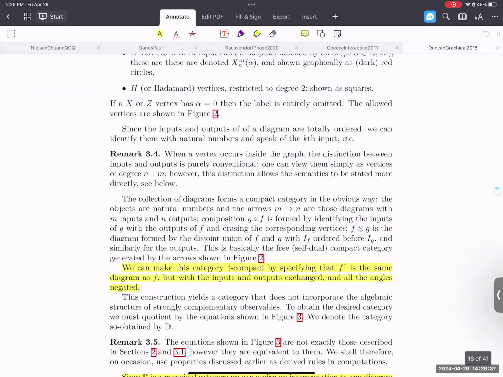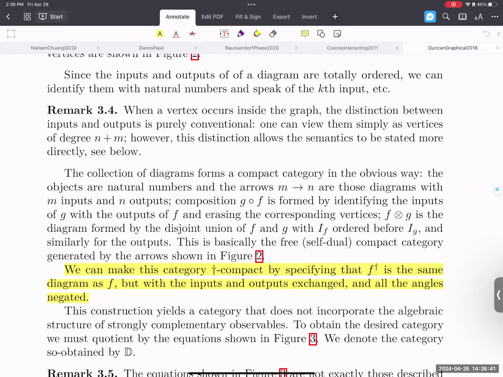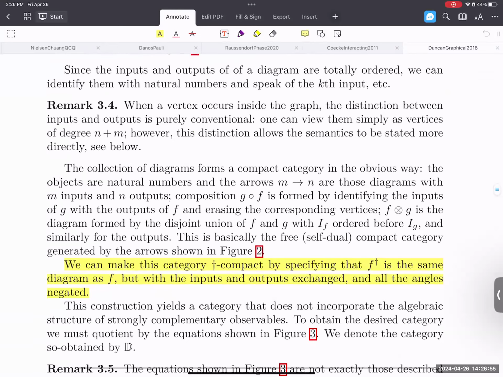So the definition is coming from this. The objects are natural numbers. Arrows are those diagrams with inputs and outputs. Composition is formed by identifying the inputs of G with the outputs of F and erasing the corresponding vertices.